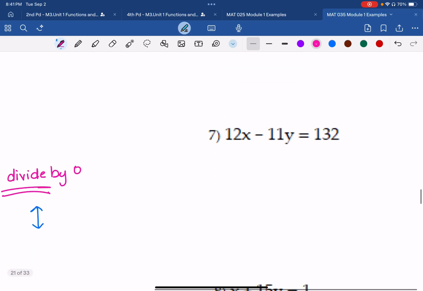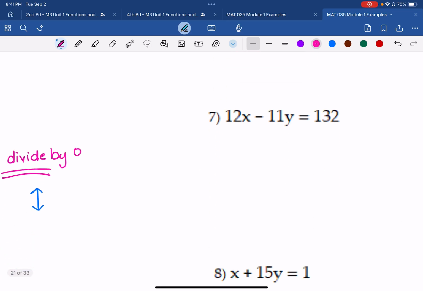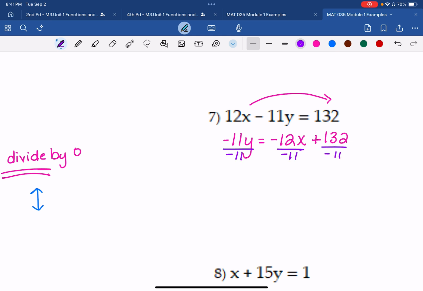But if we look at question 7, that's not in y equals mx plus b form, so I need to get it that way. So I'm going to start by moving my x over. So I've got -11y equals -12x plus 132. Then I'm going to divide everything by that -11.